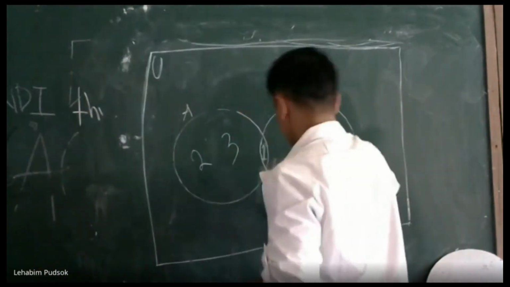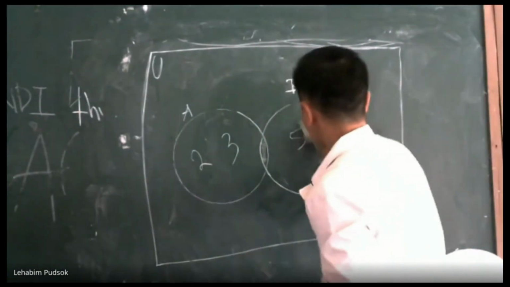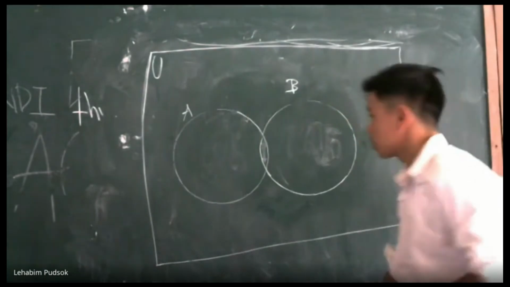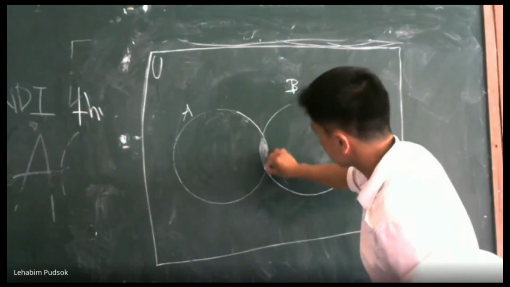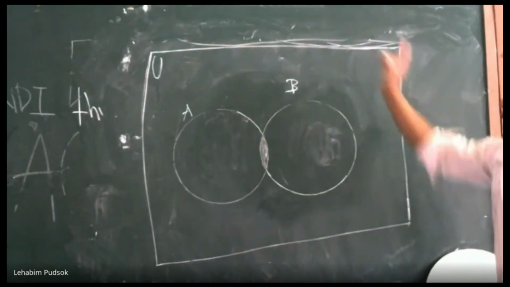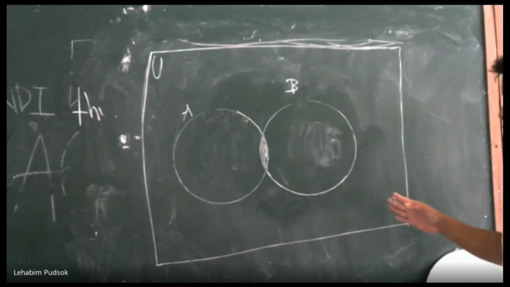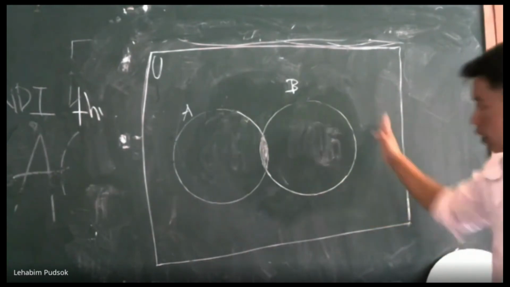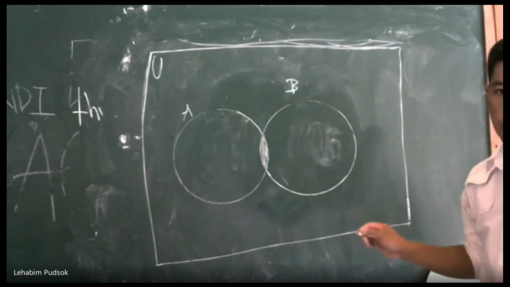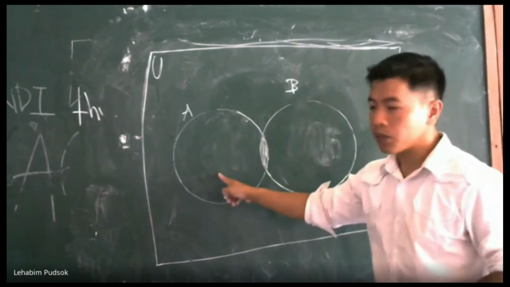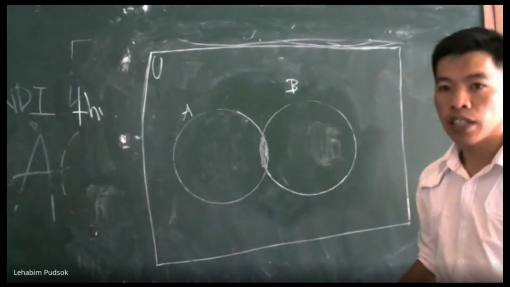I will shade this one at the middle. Without given sets, if you are to interpret this Venn diagram, with two circles intersecting and the middle shaded, we can say that set A intersects set B in the shaded part or elements.